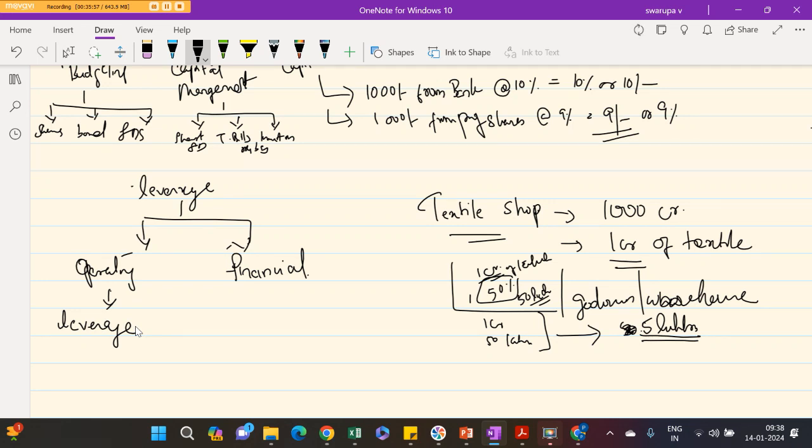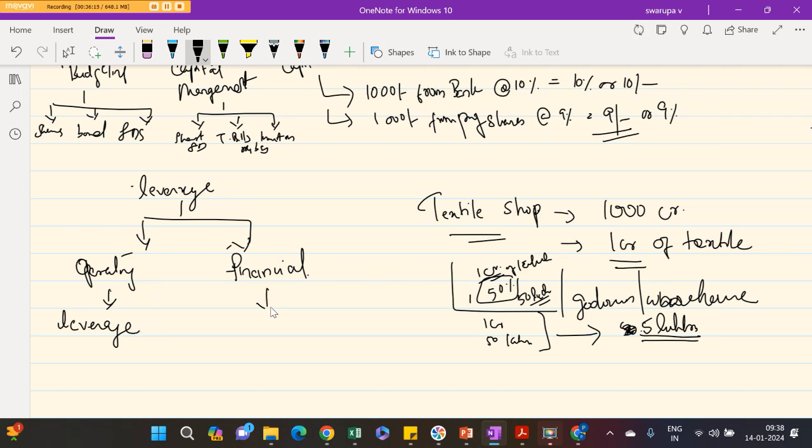So, operating leverage is nothing but ensuring all your fixed expenses, fixed cost is utilized to its maximum capacity, thereby increasing your revenue and profit.